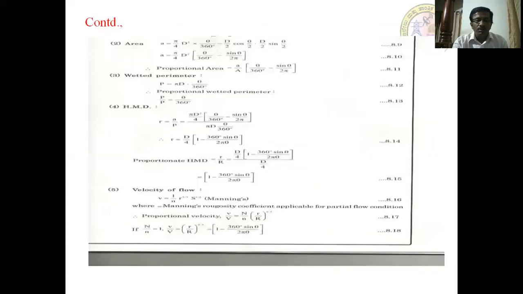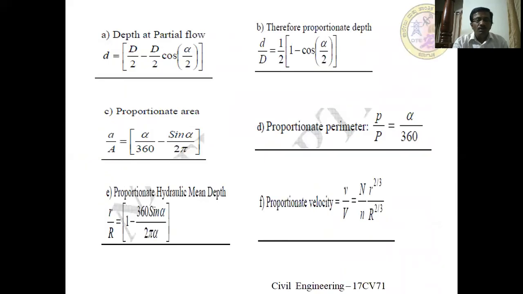Also, if you observe all the hydraulic elements, d by D, A by A, P by P, R by R, N by N, whatever it may be, all the things are constant except alpha, the angle subtended by the surface of the water with respect to the center.